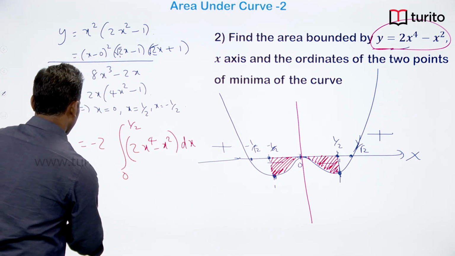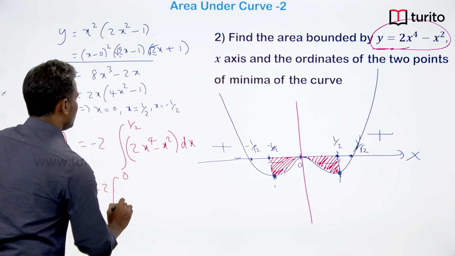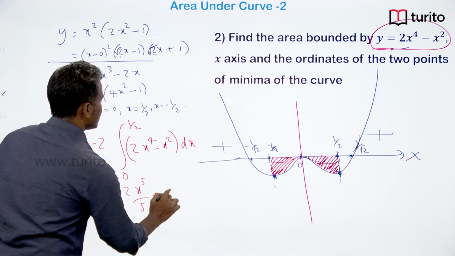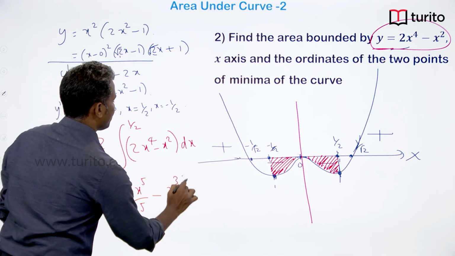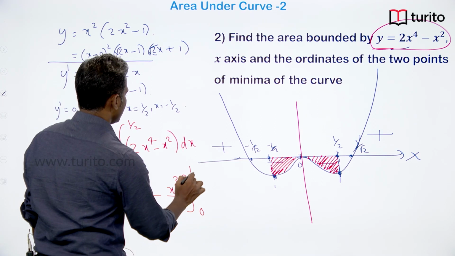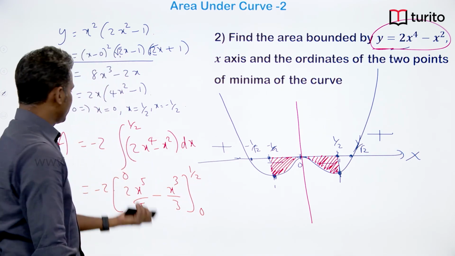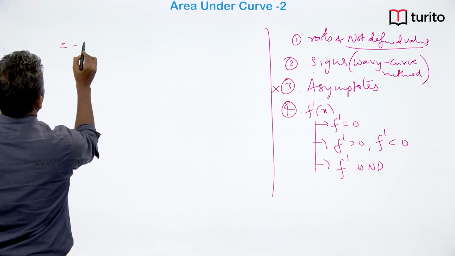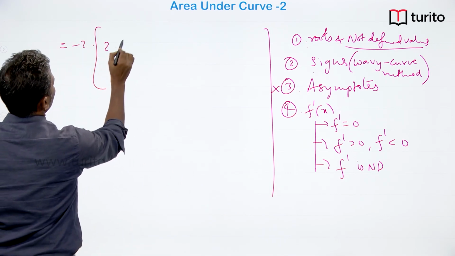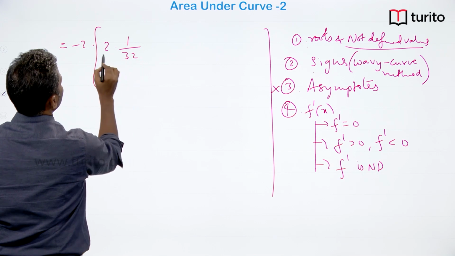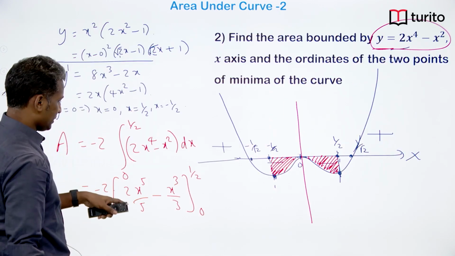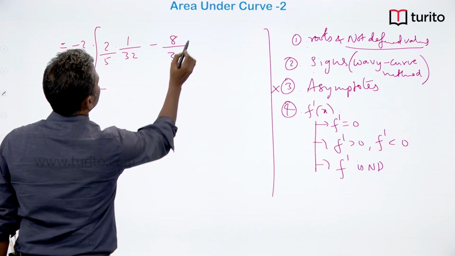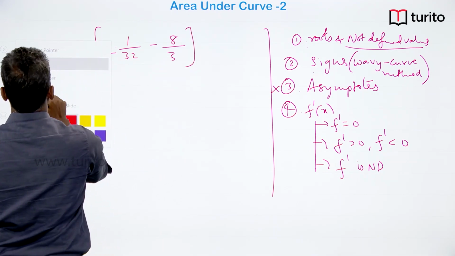So let us say if I integrate, what do I get? Minus 2 into 2x power 5 by 5 minus x cube by 3, with limits going from 0 to 1 by 2. We want to simplify this. So what are the values that we will be getting here? Minus 2 into 1 by 32, and there is already 1 by 5 here, right? And here we will get 1 by 8 by 3.